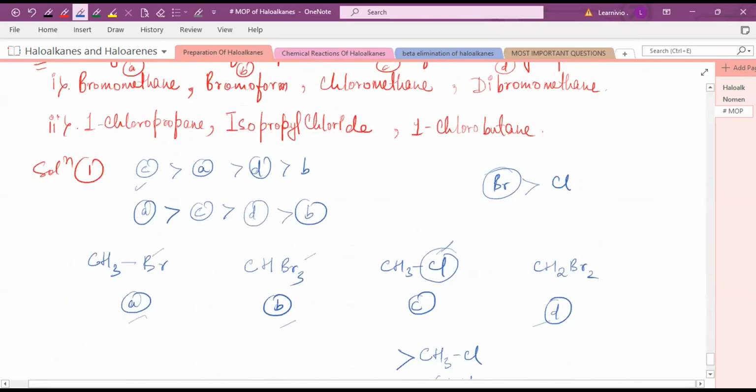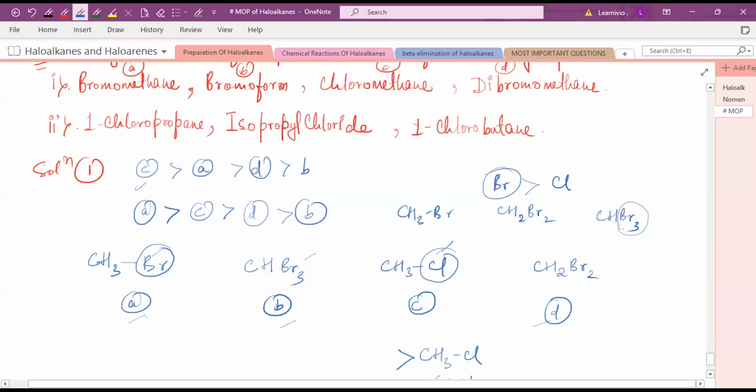When you compare CH3Br, CH2Br2, and CHBr3, the more the number of halogen groups, the more the molar mass.